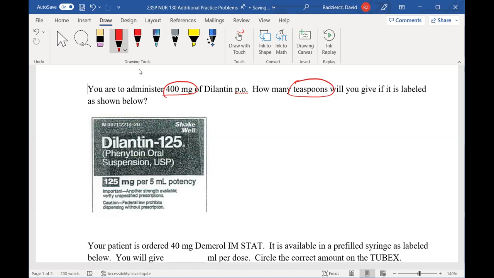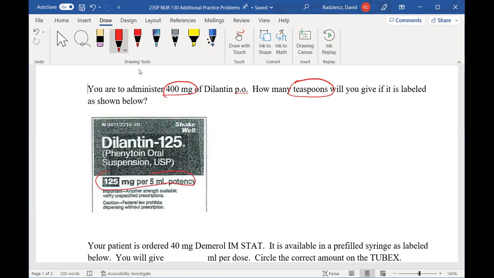If you ever get stuck, just remember, what kinds of medications can be delivered by mouth? Pretty much everything, right? But if we're talking about intramuscular, intravenous, or subcutaneous, those are always going to be liquids, and it's always going to be milliliters you're looking for. And when I say always, that's except when you're dealing with a drop rate or something like that. But anyways, we look at our label.